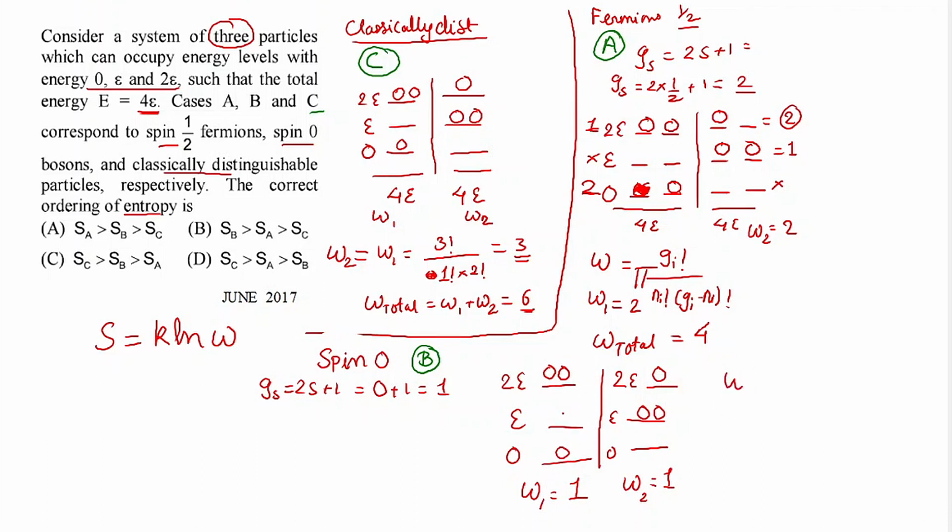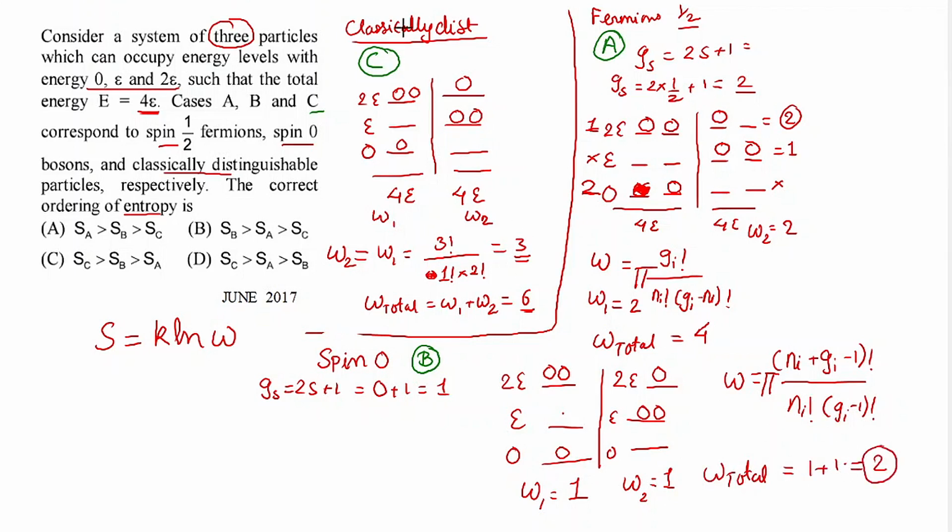The formula for the thermodynamic probability for bosons is given by (Ni plus Gi minus 1) factorial upon Ni factorial into (Gi minus 1) factorial, product over i. When we substitute all the values, we will get 1 and 1. So the total thermodynamic probability for bosons will be 1 plus 1, that is equal to 2.